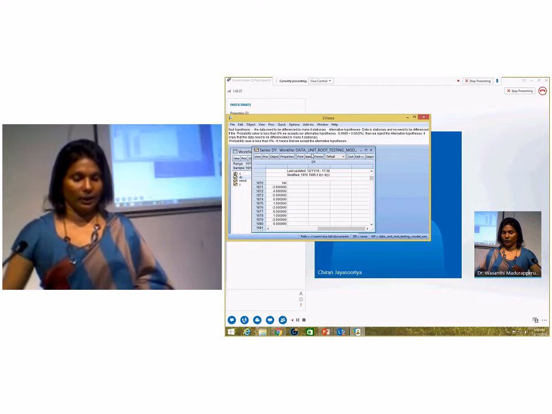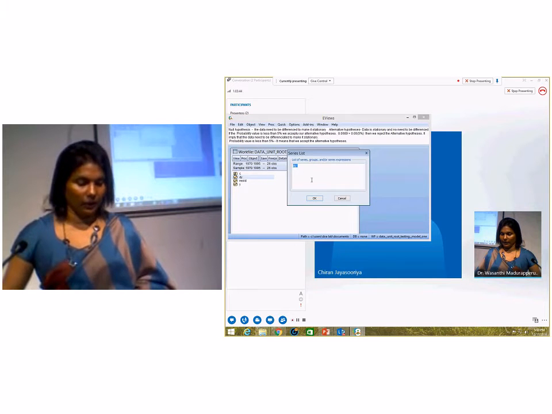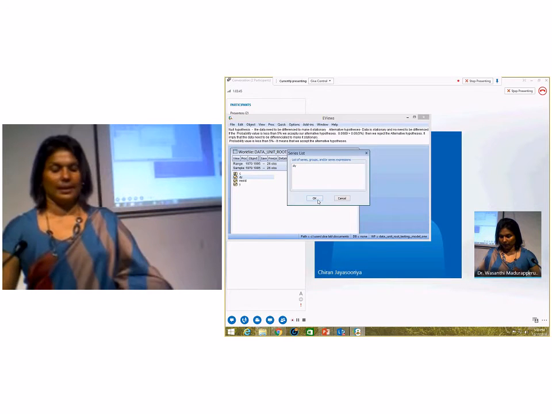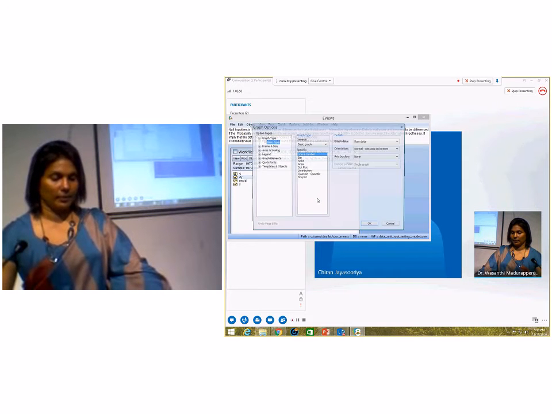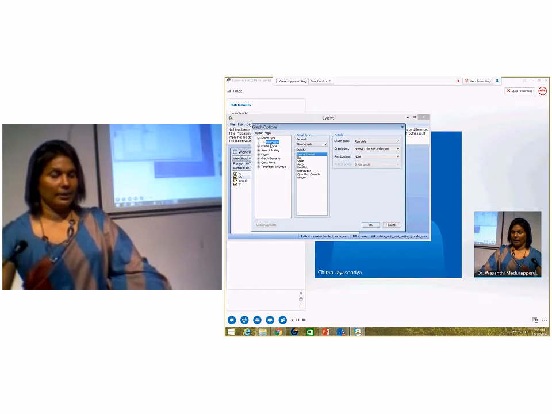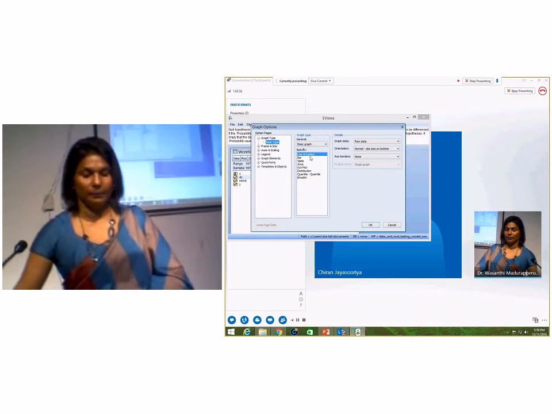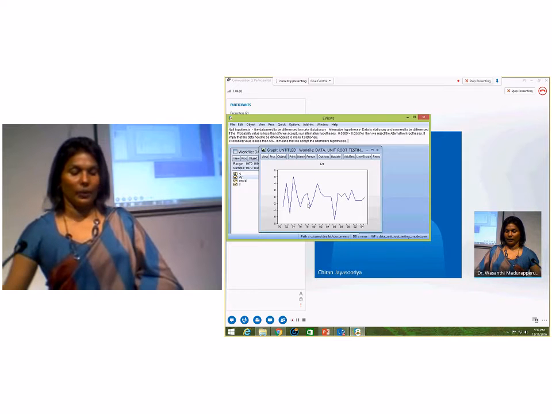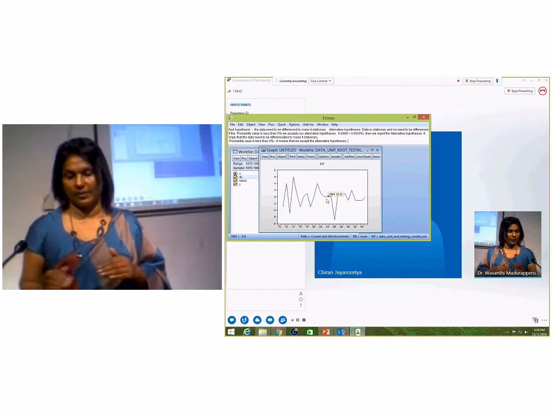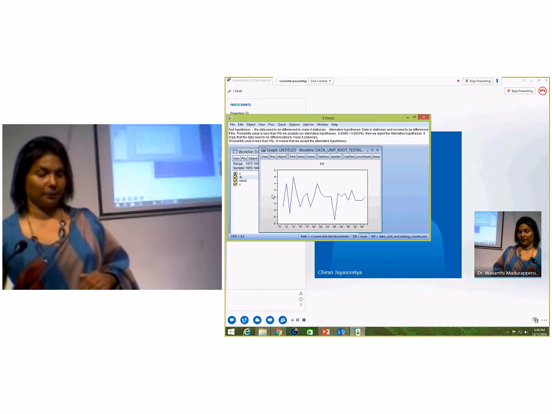Now draw the graph. It is dy. Name the variable, then click OK. Graph type is basic, and then line and symbol. Click OK. Right, now you can see that it removes some drift in the first difference.